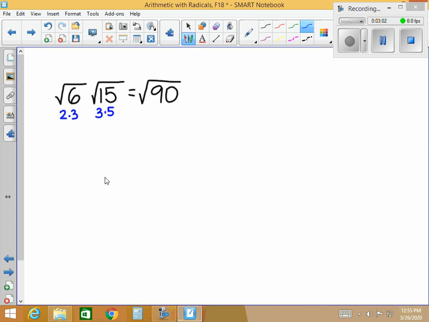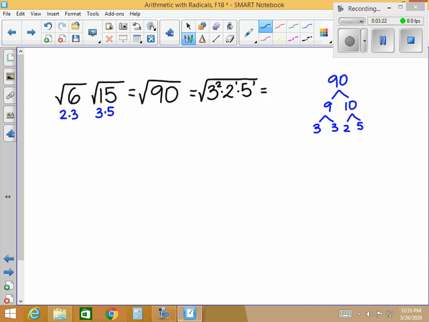But again, if you started with the 90 and went to 9 and 10 and kept going to 3 and 3 and 2 and 5, you can get there using either path. But 90 has in it 2 factors of 3, a factor of 2, and a factor of 5. Which means we have enough 3's to come out, and the 2 and 5 go back together. And so we'll get all the way to 3 times the square root of 10.